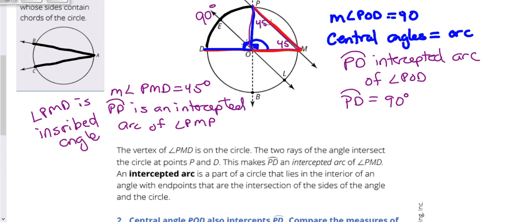So that means, unlike central angles that are equal to the arc, inscribed angles, it's spelled like this, are 1/2 their intercepted arc.